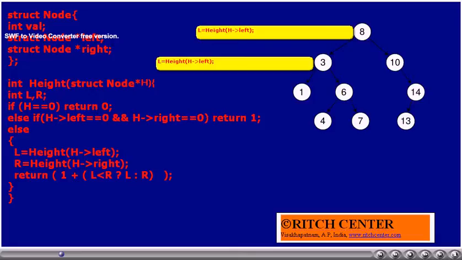As it is also not 0, means its address is also not 0, and as it is not a leaf node, with this we will be executing the statement L is equal to height h arrow left. That is, we will be calling this function again recursively. This time we will be sending the address of the left child of this node 3.